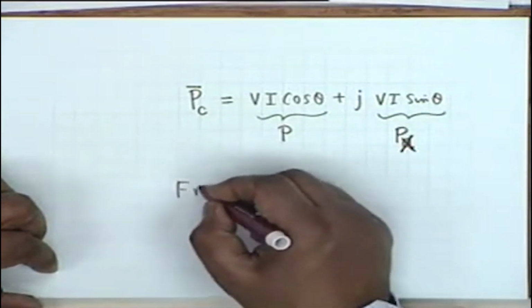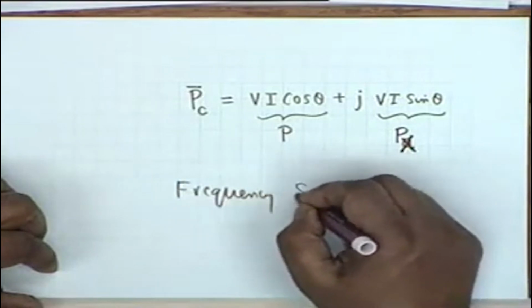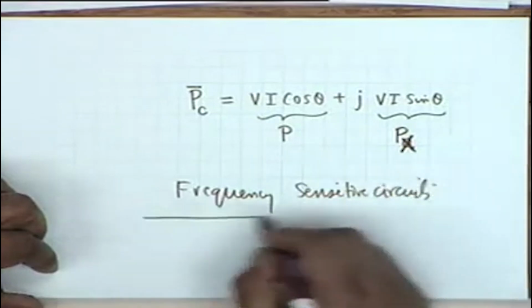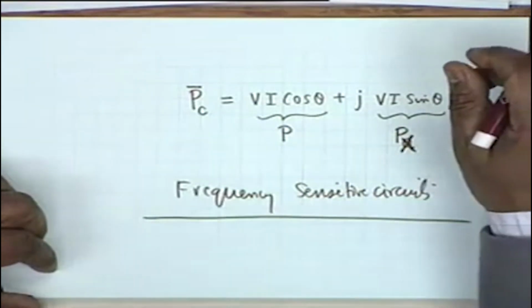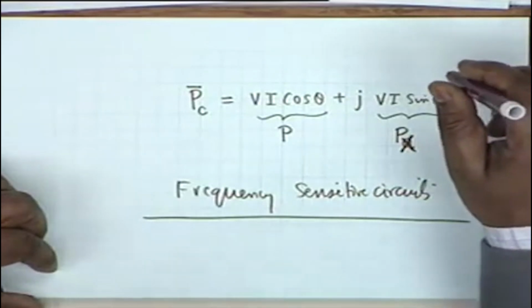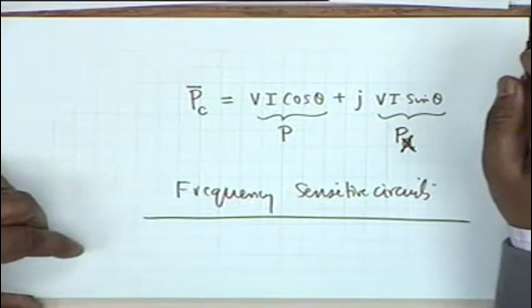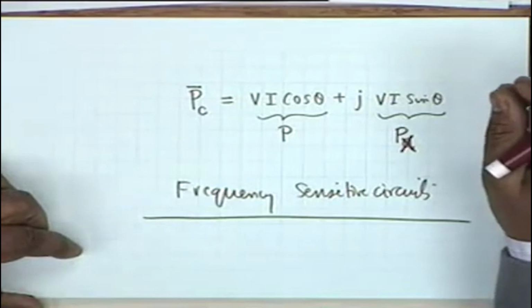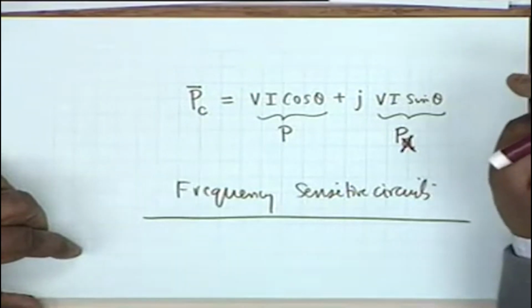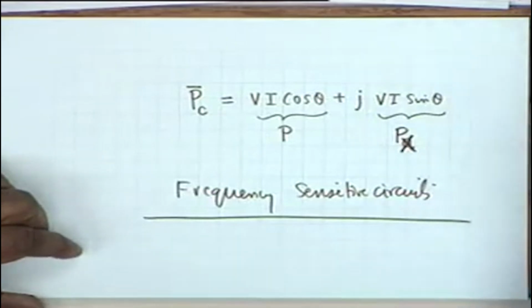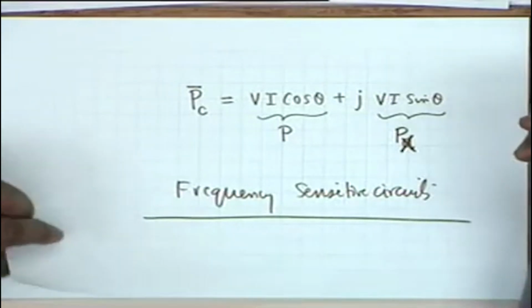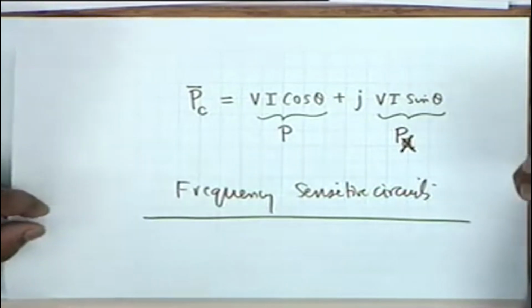Okay. We next consider frequency sensitive circuits. When you put up an aerial on a simple 2-in-1 radio set to pick up the FM signal, for example, there are many signals which are being transmitted, which are in the air, many signals, and you tune a certain knob to pick up, let's say, Delhi FM or AM for that matter.